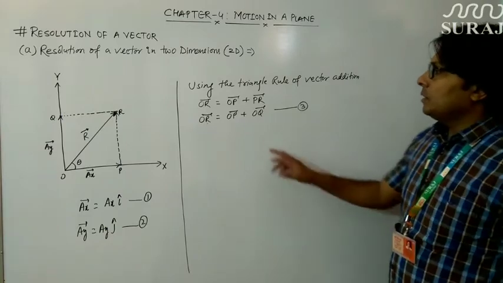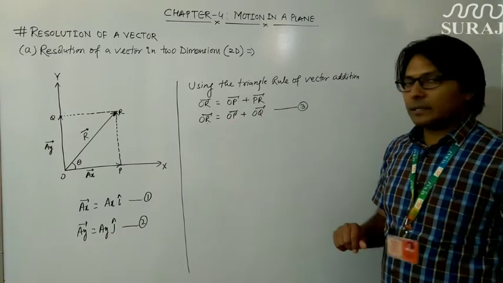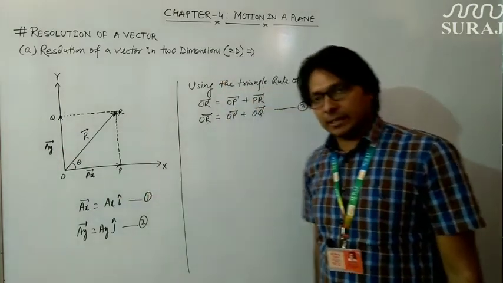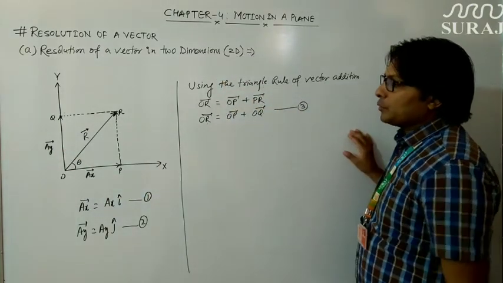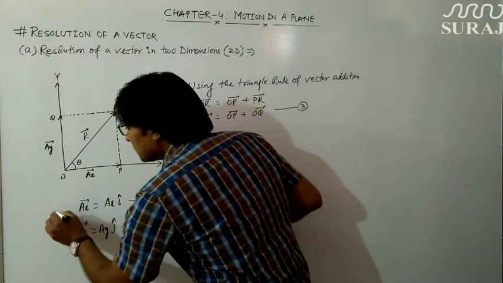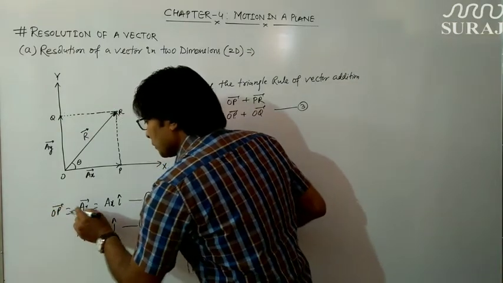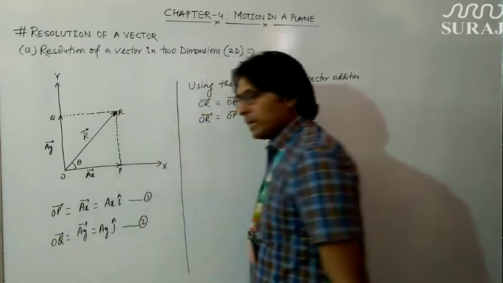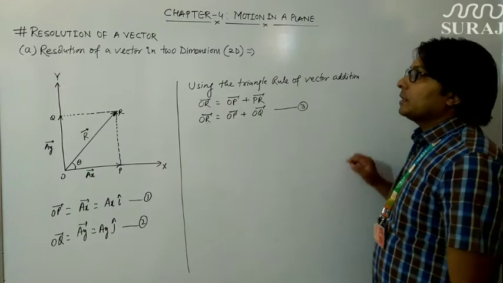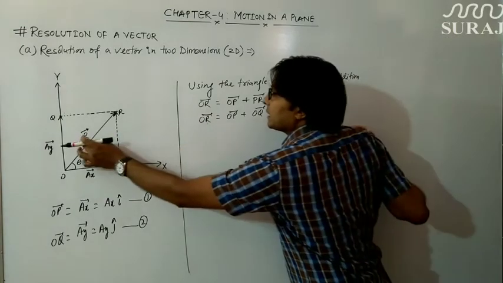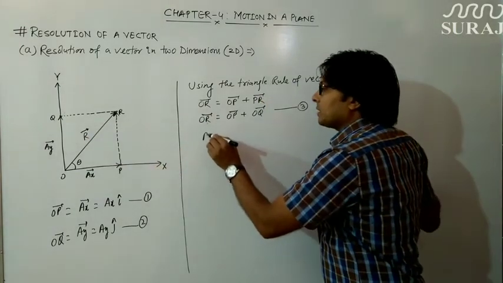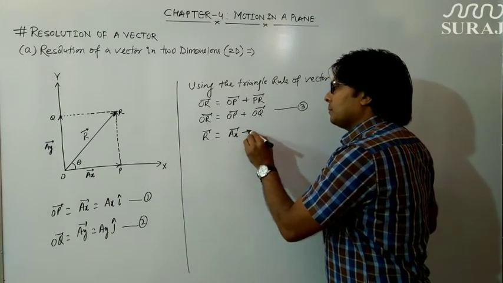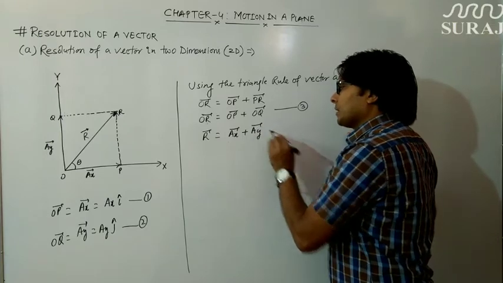Now this OP vector and OQ vector are nothing but AX vector and AY vector. So putting the value of OP vector, which is equal to AX vector, and OQ vector, which is equal to AY vector, and in place of OR vector writing R vector, R vector is equal to AX vector plus AY vector.